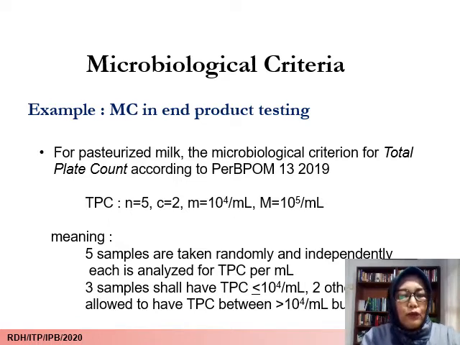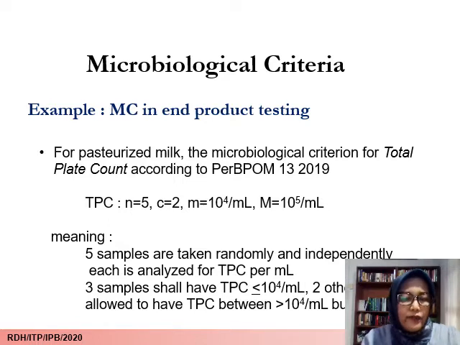The following is an example of microbiological criteria applicable in end product testing. According to the Peraturan Badan POM 13/2019, for pasteurized milk, the microbiological criterion for total plate count is n equal to 5, c equal to 2, little m 10 to the 4th or 10,000 per mil, while big M is 10 to the 5th or 100,000 per mil. That means 5 samples are taken randomly and independently.